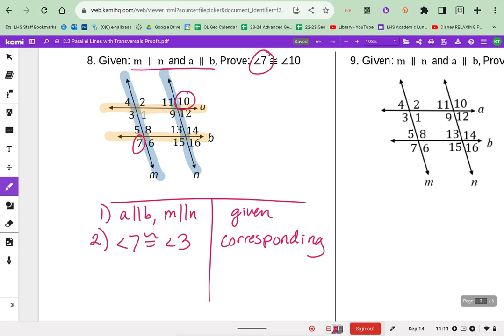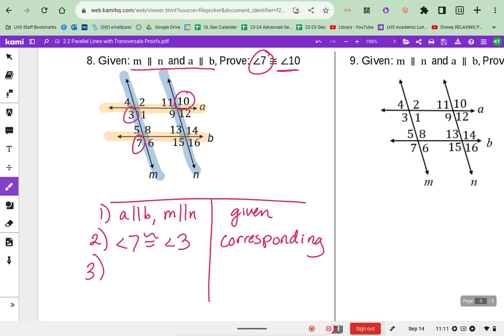Okay, now remember, you're going to look back up at your proof and think, okay, angle 10 needs to be included in my T-chart. Is angle 10 having a connection with any of the other angles I've already talked about, 7 or 3? 3. What are 10 and 3? Alternate exterior. Yeah, angle 10 and 3 are alternate exterior.